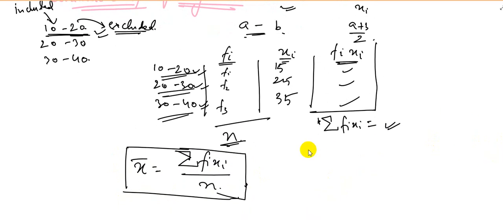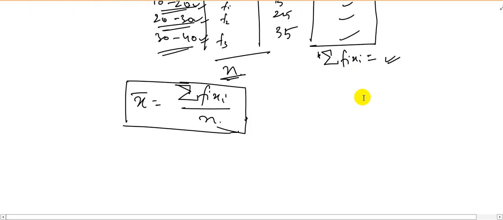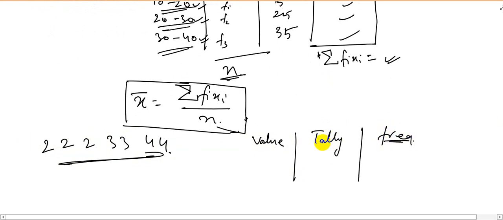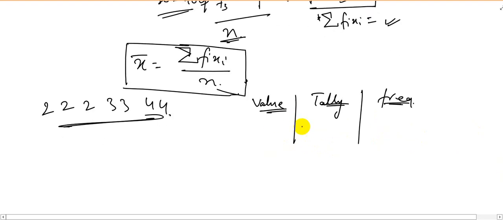So let's move ahead. Oh, one point I missed. What happens when there is a frequency, like 2 2 2 3 3 4 4, and we are asked to find the mean? We can first make a table: value, tally mark, and frequency. The number of occurrences of 2 is 3, for 3 it's 2, and for 4 it's again 2.